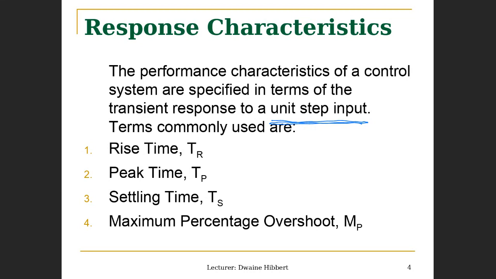We could talk about rise time, abbreviated T subscript R, the peak time, T subscript P, settling time, T subscript S, and maximum percentage overshoot, M subscript P. These are some of the more commonly used terms to qualify or describe the characteristics of a system.